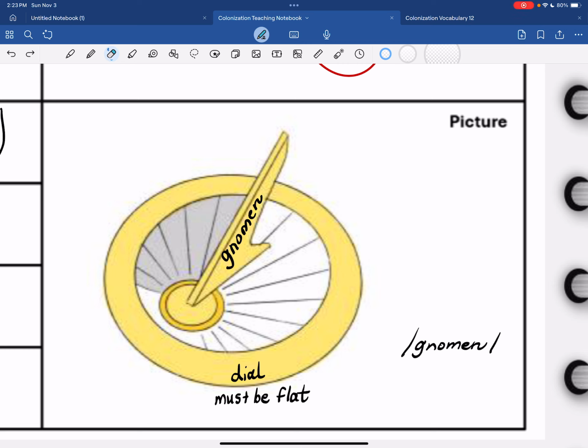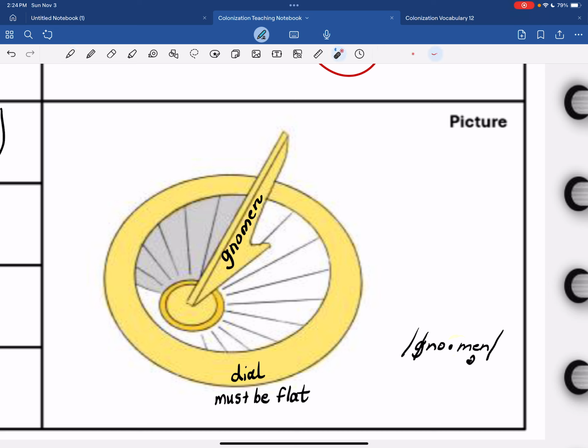So let me break the syllables. Sorry. Gnomon. So it's pronounced nomon. Nomon. The gnomon is that little thing that sticks up.